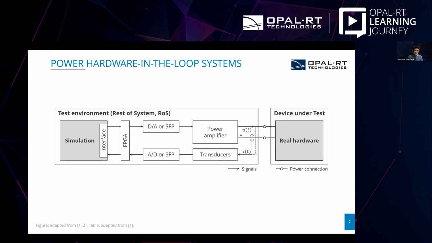So let's have a look at how it is working. Let's start the loop on the simulation side, for example, simulating a power grid. The voltage of one grid node is being sent to the FPGA and further via some communication interface to the power amplifier, which then amplifies the signal and provides it to the device under test.